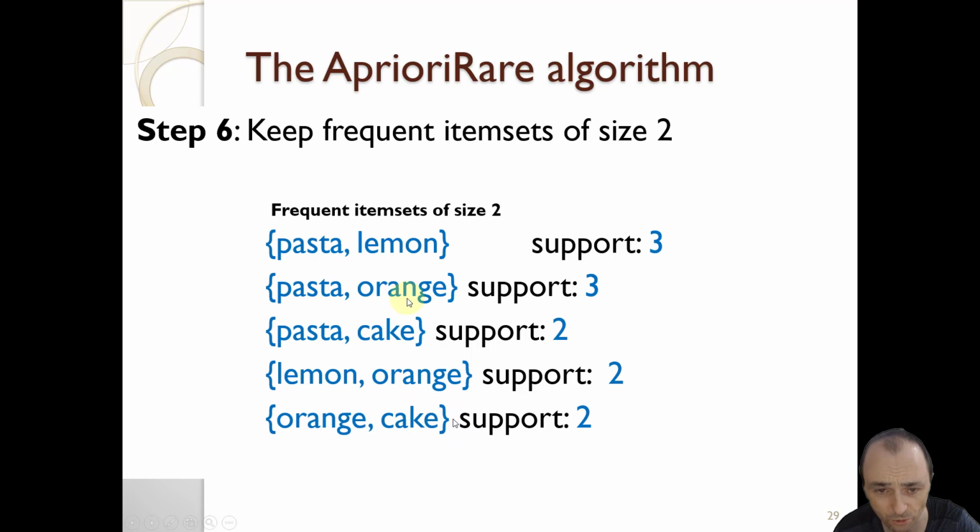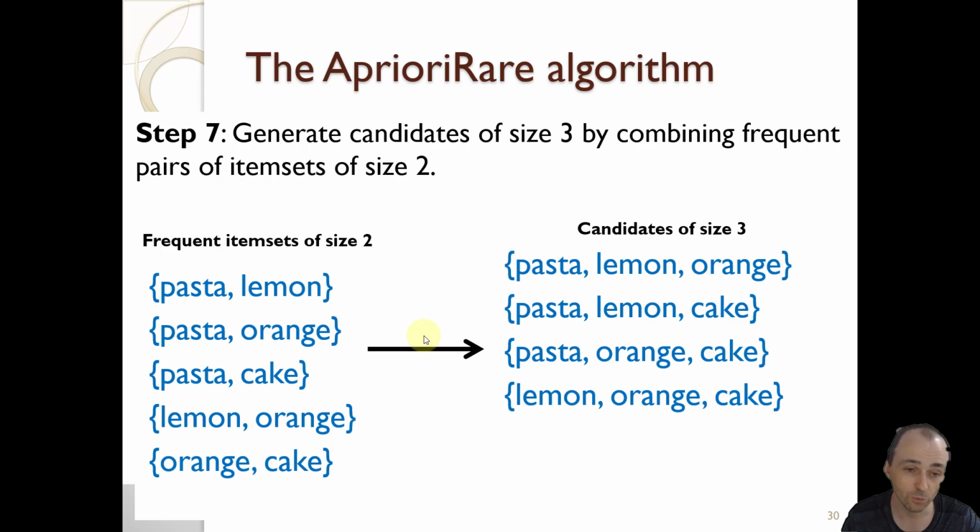Now we continue. We will keep the frequent item sets of size 2 to search for the item sets with 3 items. So here we take the frequent item sets of size 2 and combine them 2 by 2 to make some candidates of size 3, as in Apriori.